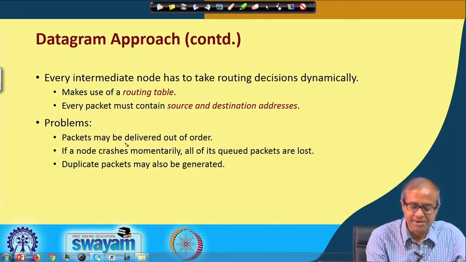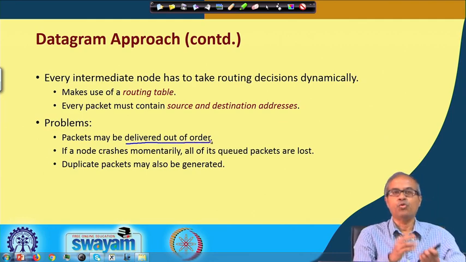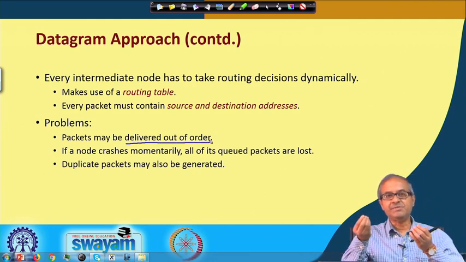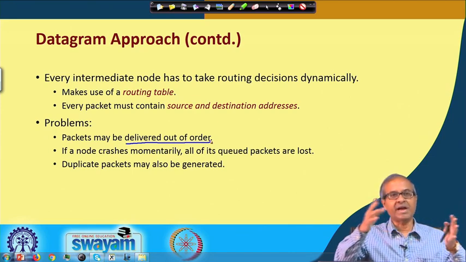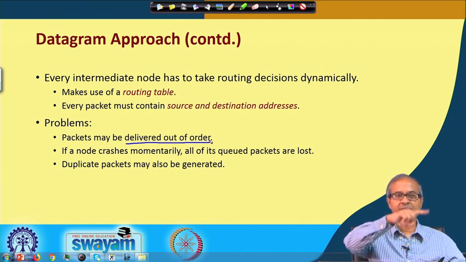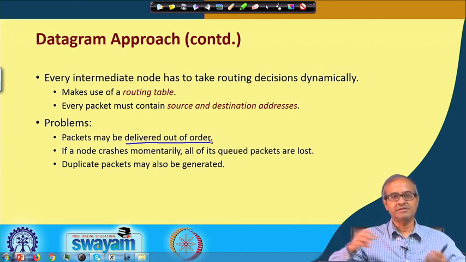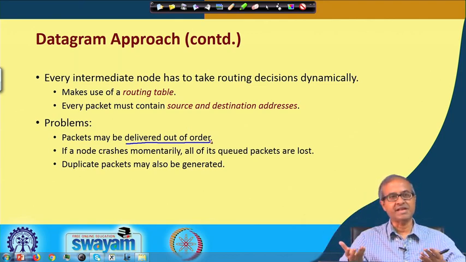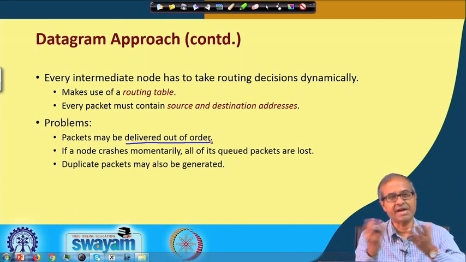So, packets may be delivered out of order. Why? Because each packet is being routed as an independent entity. There is no guarantee that all packets follow the same path. Some packets may follow a shorter path, some a longer path. So, the delays of each packet can be different, and the delivery of packets can be out of order.